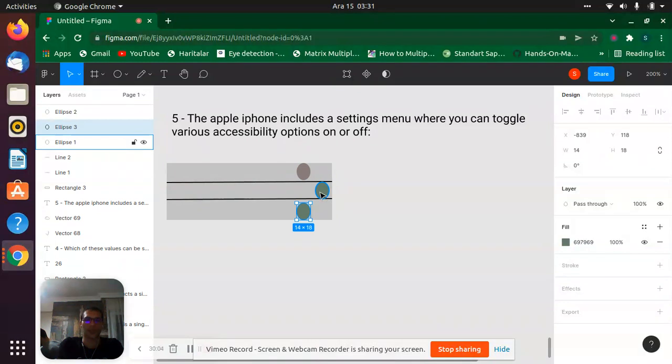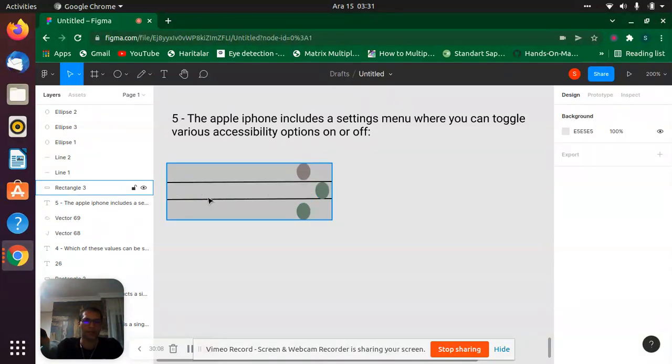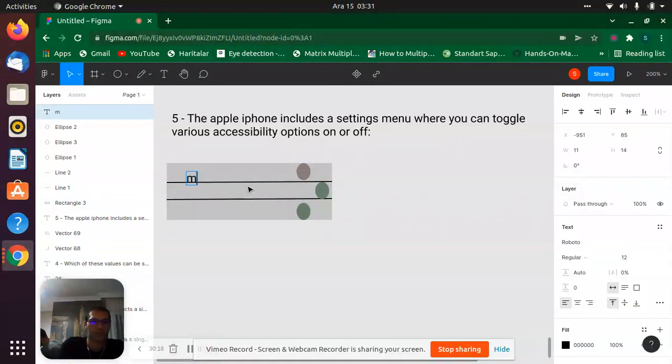We'll put here. And okay, so what we want to do here, the first I will write here, this one is mono audio.